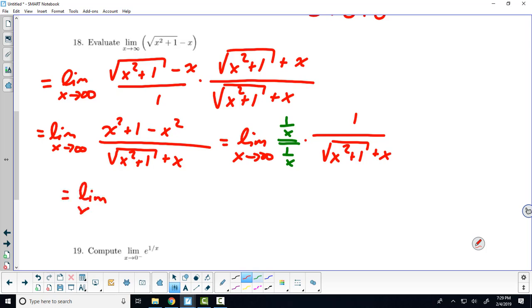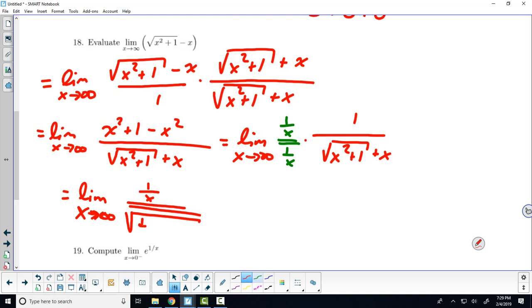This gives me the limit as x approaches infinity. Let's try this one. The limit as x approaches infinity of 1 over x in the numerator. And now I'm going to pass this 1 over x inside the square root. I'm going to do this in a couple of lines.